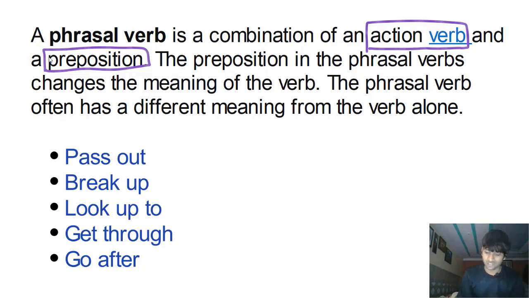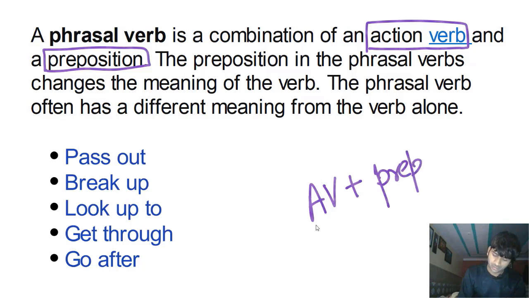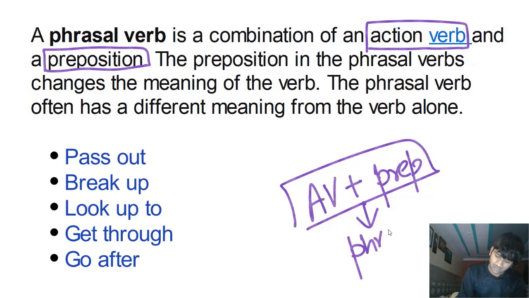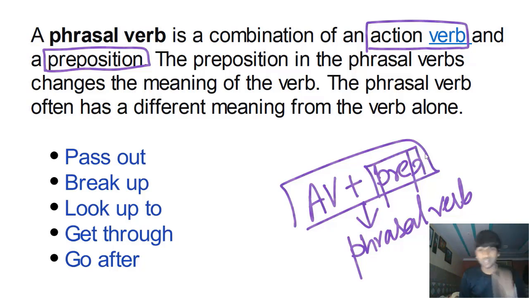So, a combination of an action verb plus a preposition is called a phrasal verb. Here the preposition is very important to the meaning of the phrasal verb, right? It changes the meaning of the action verb.